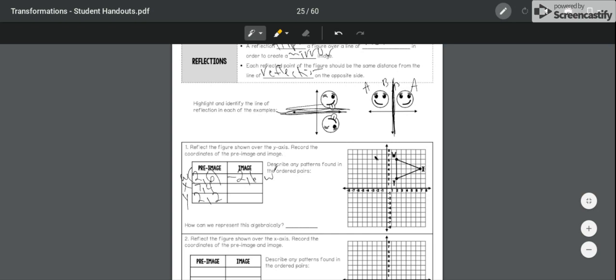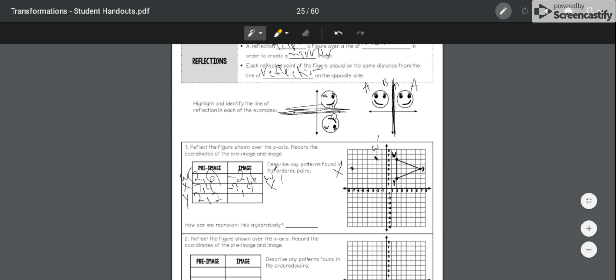Okay, and then for X prime, it goes over to the 7. So we're going to go over to the 7 here, and then go up to the exact line. So we need to go right here. I need to label that one W prime, and this one's going to be X prime. Then that ordered pair is -7, 4.